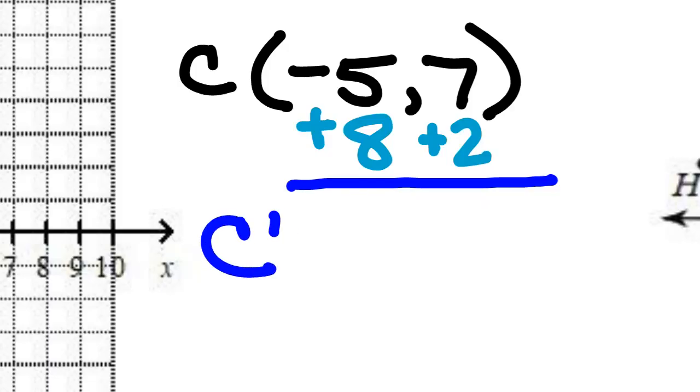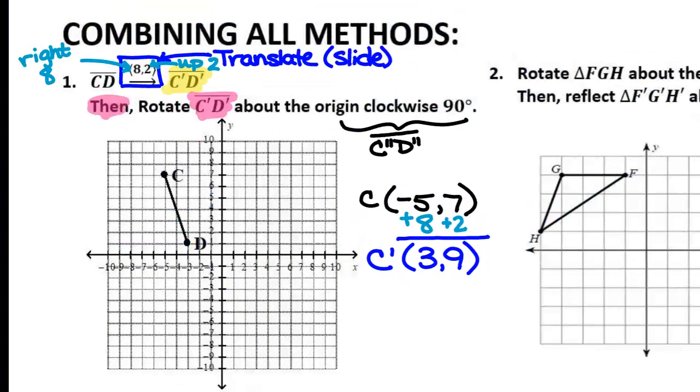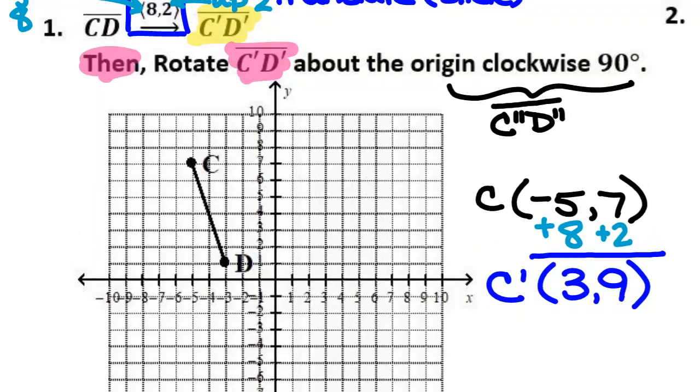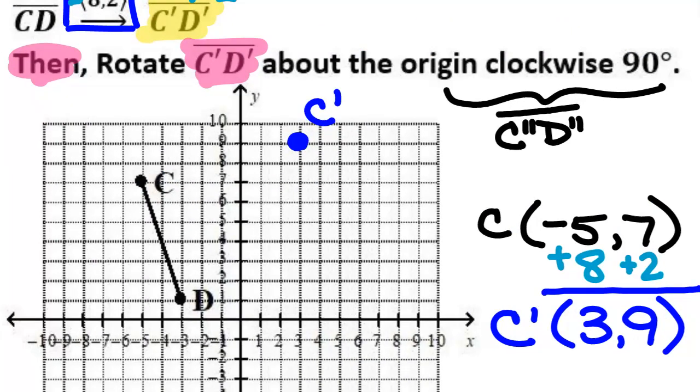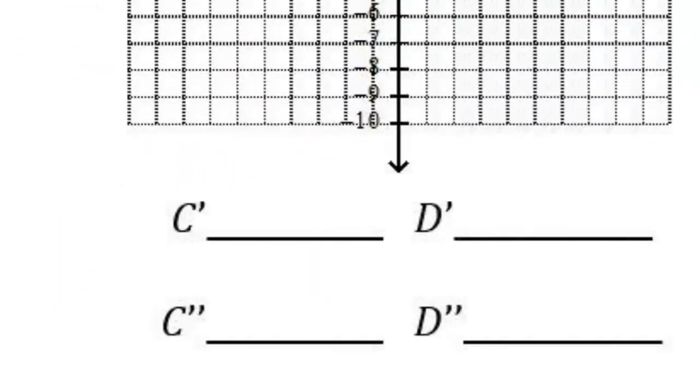We get 3. What about 7 and 2? You get 9. So C prime is 3, 9, right here. And that should match if I, instead of using the adding method, I just count over from this point C here. 1, 2, 3, 4, 5, 6, 7, 8 to the right, and then up 2. And I land in the exact same spot. So 3, 9 for C prime.